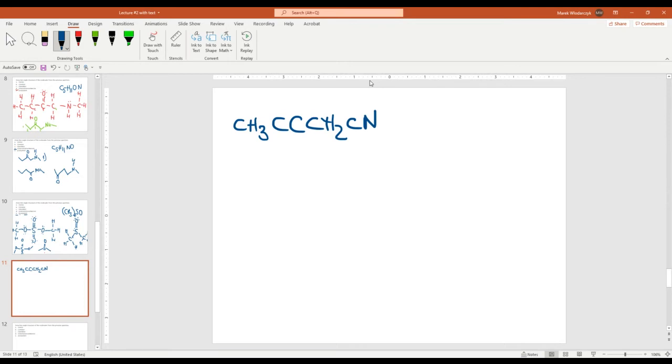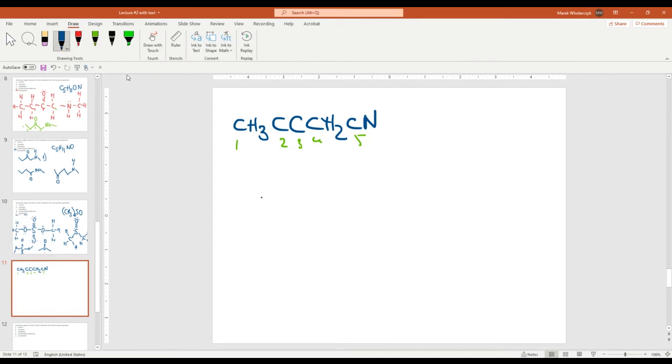The first thing you do is label the carbons 1, 2, 3, 4, 5. Carbon 1 is connected to hydrogens and carbon 2. Carbon 2 is connected to carbon 1 and carbon 3. Carbon 3 is connected to carbon 2 and carbon 4. Carbon 4 is connected to 3 and 5. This is the first thing you need to draw.